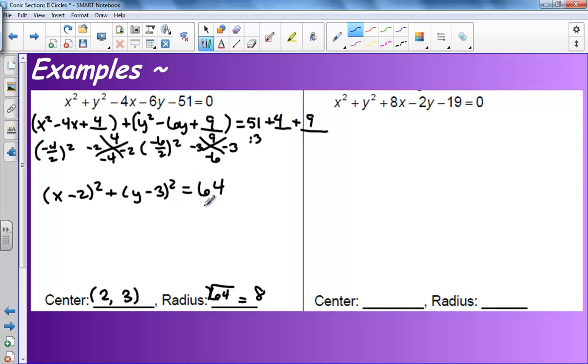Okay, I'm going to go ahead and transform this into the other form that we can use sometimes. I'm not going to do this on every one, but just to show you here, that I could set this equal to 1 by just dividing everything by 64.